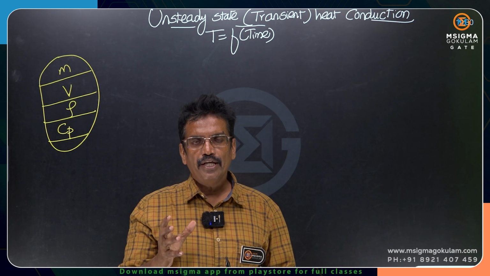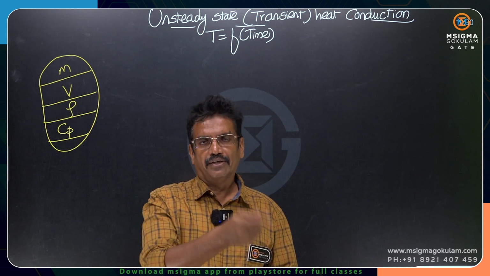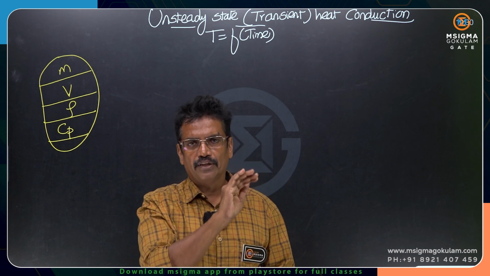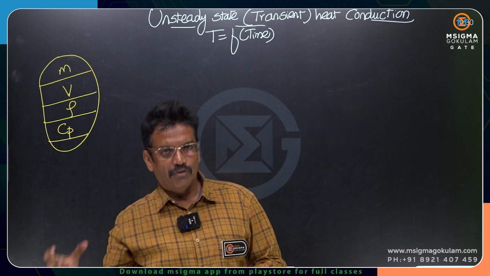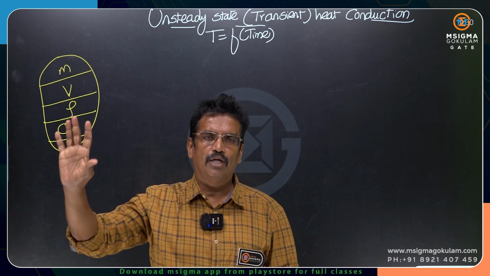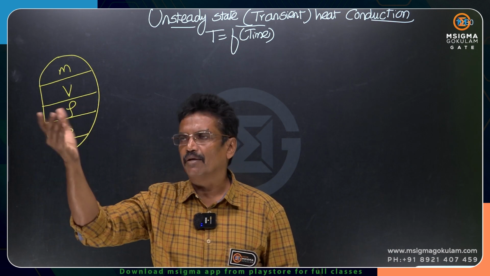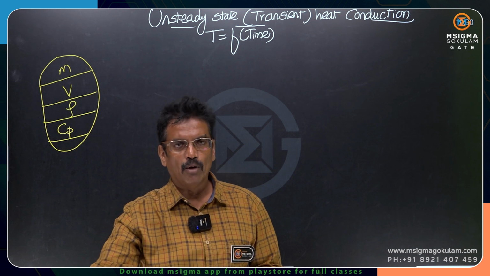A metallic body is kept inside a metallurgical furnace and heated to a sufficiently high temperature in that furnace. Suddenly that body is taken out of the furnace and kept exposed to the ambient fluid, maybe atmospheric air, or that body is dropped into an oil bath or water bath.